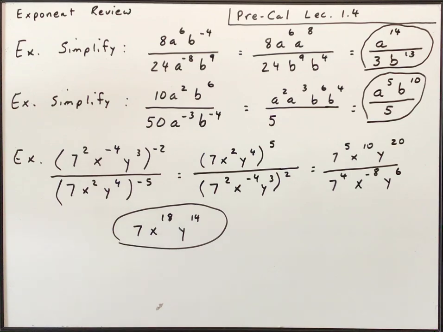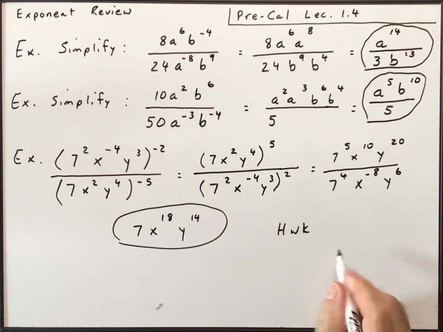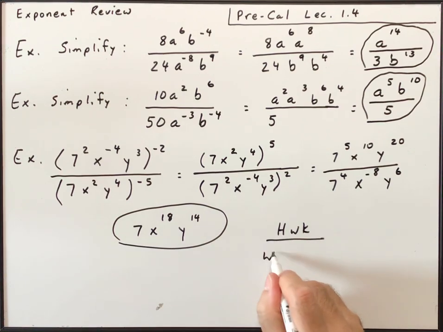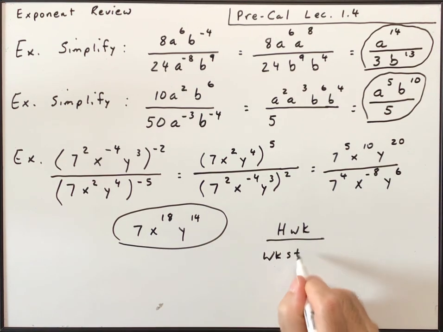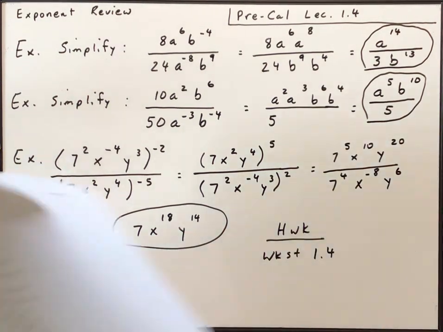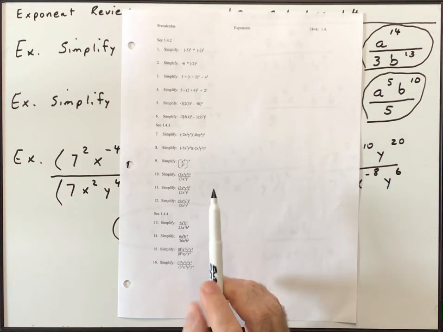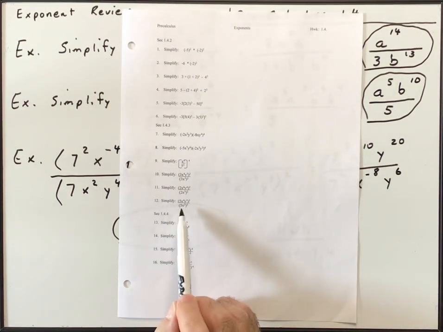All right, that does it for this lecture. Your homework is worksheet 1.4. Now, in some years, I stop at 1.4.3, and I just give the first 12.